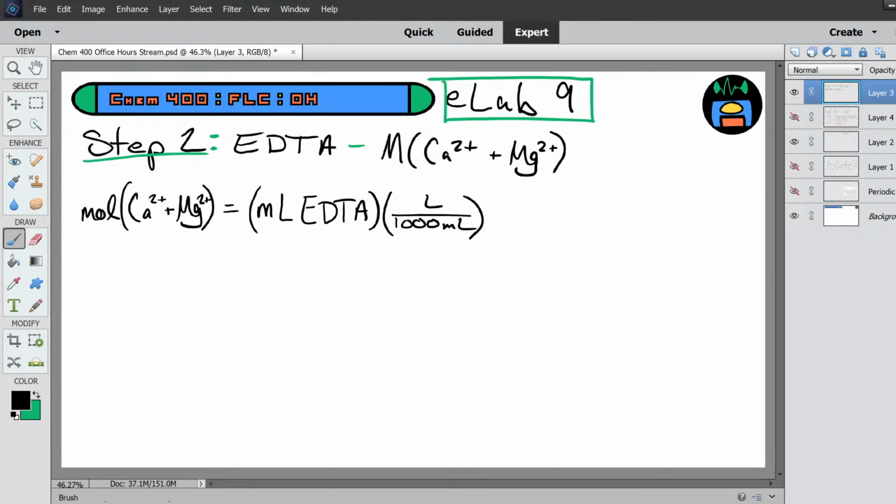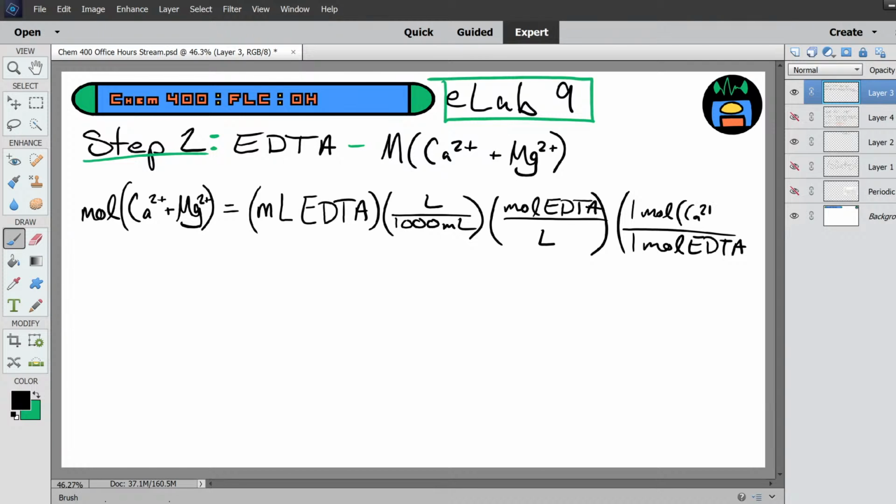The reason why is we're also multiplying by the molarity of EDTA, which is moles of EDTA over liters. And then finally, we know it's a 1-to-1 mole ratio, that every 1 mole of EDTA reacts with 1 mole of metal cation. So that's calcium together with magnesium.